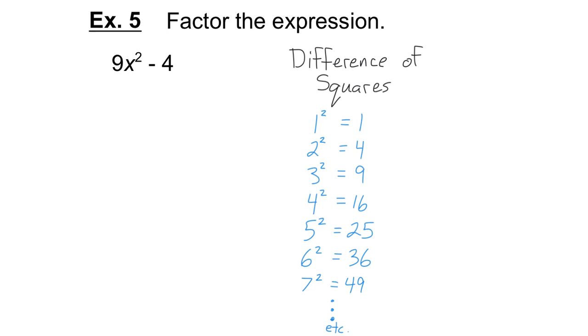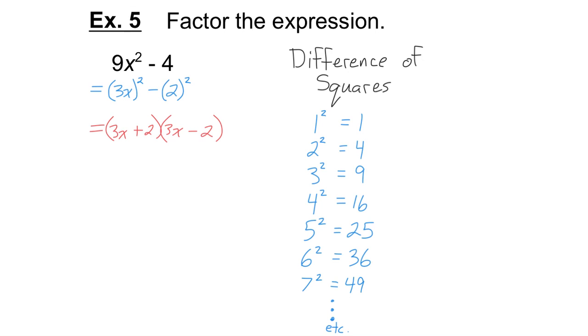So this is squared, this is squared. You're finding the difference between two squares. This is a difference of squares. How many times can I say square? If it helps, you can think of 9x squared as 3x squared. You can think of 4 as 2 squared. Now it's more apparent that this is indeed a difference of squares.